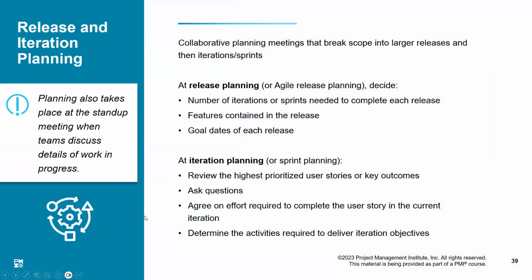Okay. Release and iteration planning. In agile, we do that when we develop the product roadmap, which is a timeline from the start till the end of the project. This timeline may be further subdivided into release points.